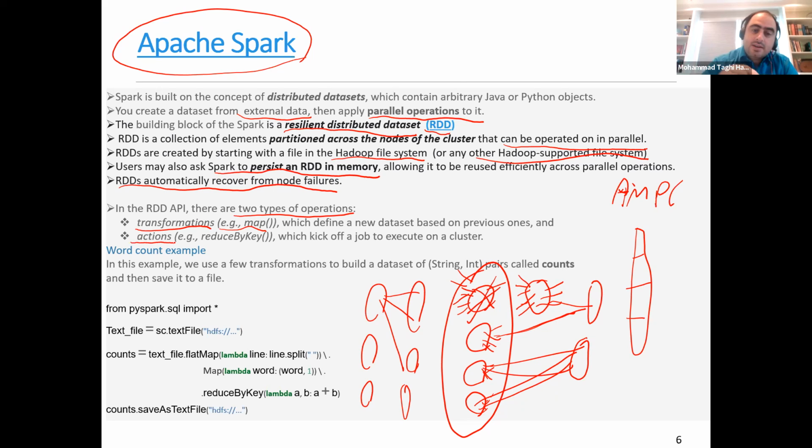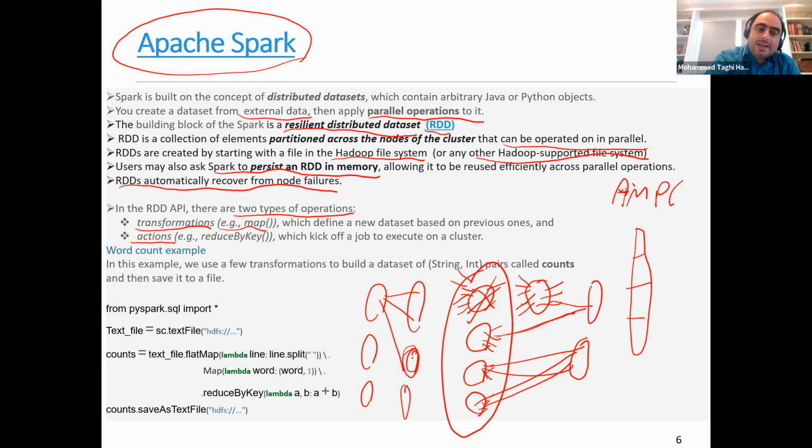So this is the transformation, and then there is the action. The action is the case where one computer gets all the information and runs a job on this node. In general, this is a job that can be run on the whole cluster, on each of these individual nodes. Whenever we talk about executing something on a cluster with lots of nodes, nodes are the computers, so we are doing some jobs on all of these computers.